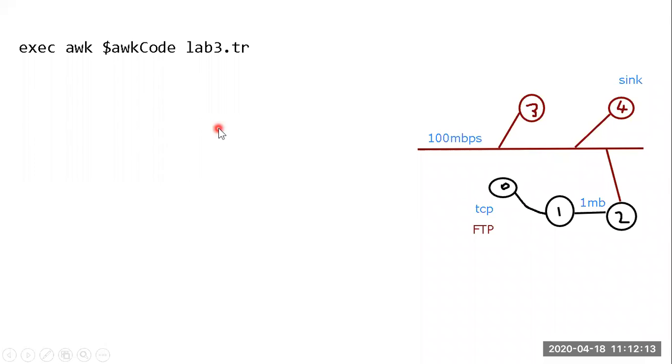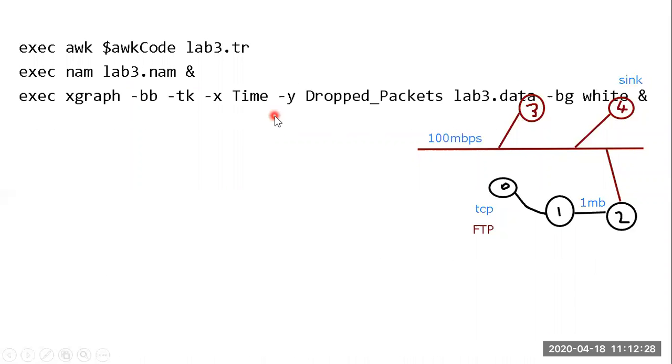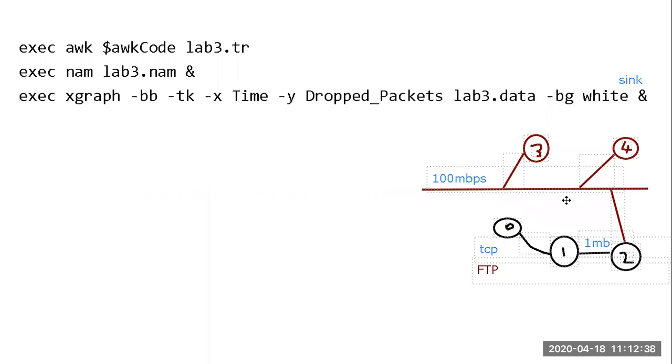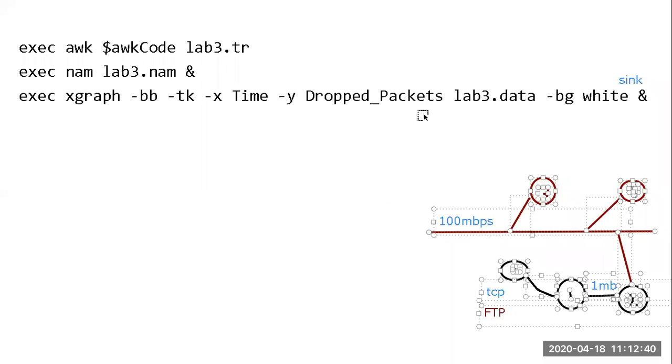Further, once the procedure is ended, you execute the AWK code that you have written on lab3.tr, and you execute the NAM file so that the entire simulation works. Once the simulation works, you create a graph. BB means box, and TK, thick line.